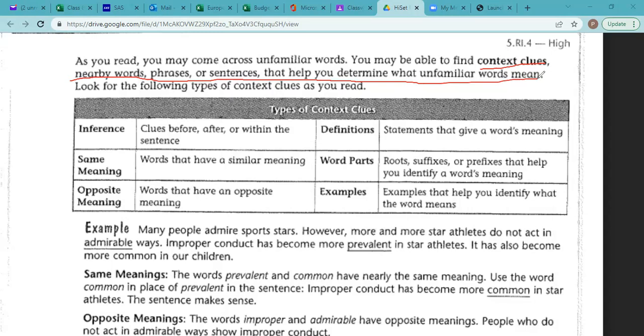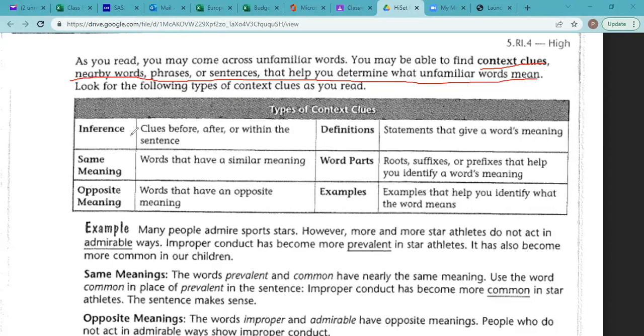Sometimes they will give you the definition of that word in the next sentence. If that is not true, then read that sentence with that word in it. And if it doesn't help, read the other sentences around it. Usually we can get an idea of what that word means just by doing that and finding our context clues. So here are some of the following types of context clues.